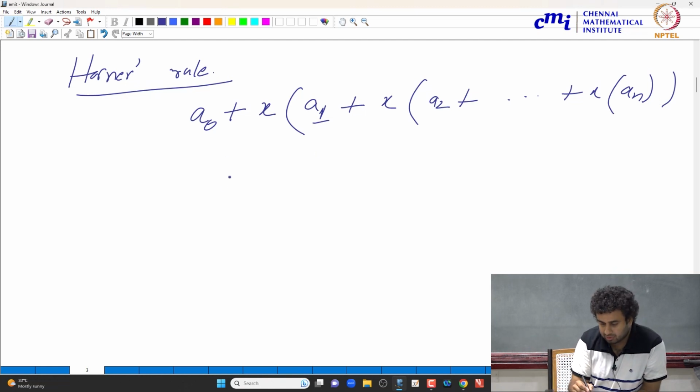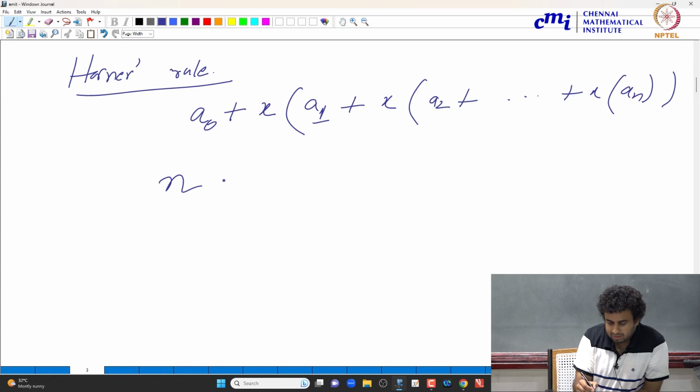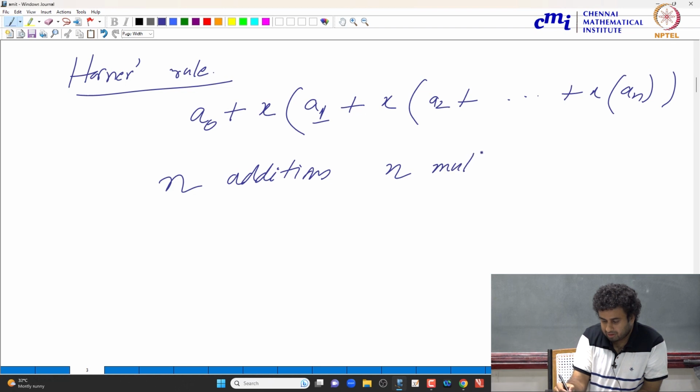This is another way to compute this polynomial. You can also pre-compute all powers of x, but that would not be more efficient than this. So you basically need n additions and n multiplications. I might be off by 1, it can be maybe n plus 1.